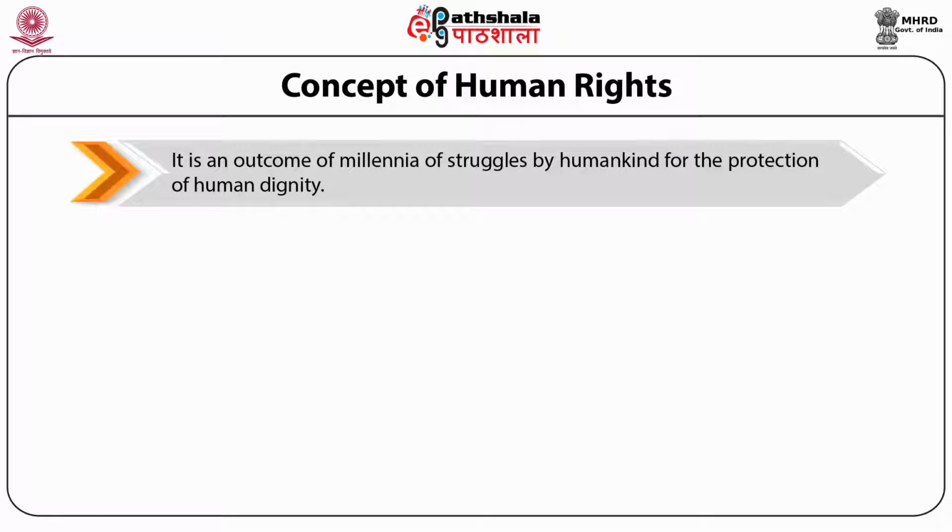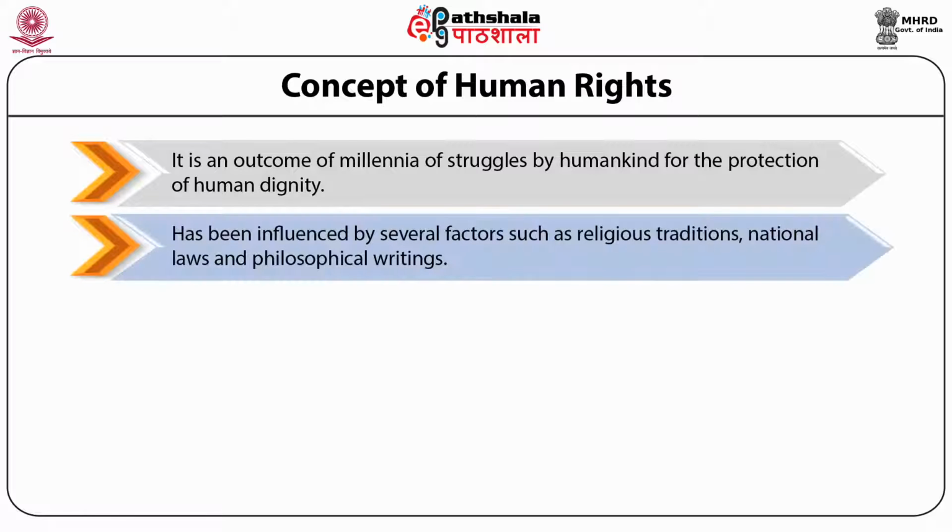There were other power holders who oppressed sections of people and violated human rights, and there was a massive assertion of rights by the oppressed, dispossessed, marginalized sections of people, which resulted in the evolution of human rights. In fact, the concept of human rights has been influenced by several factors such as religious traditions, national laws, and philosophical writings.